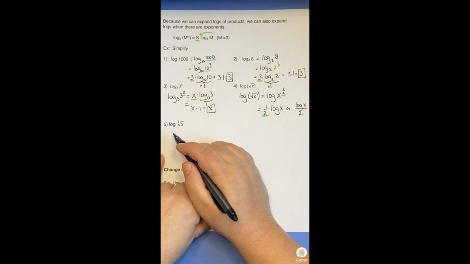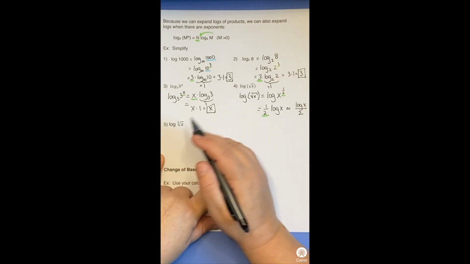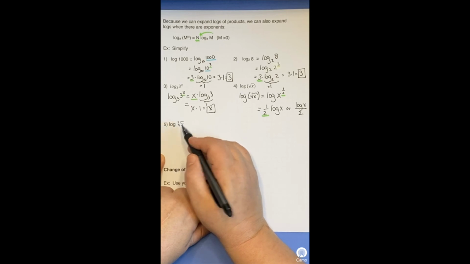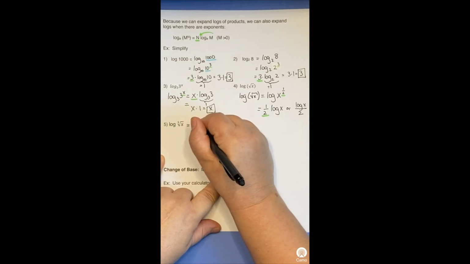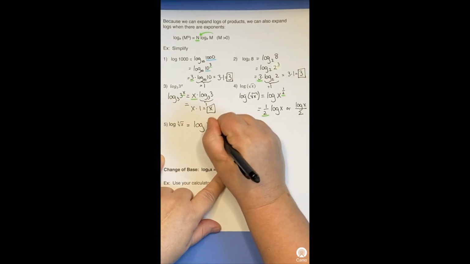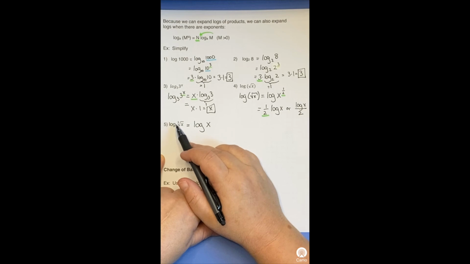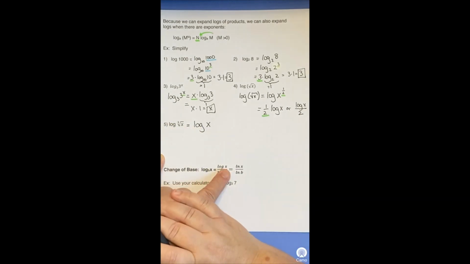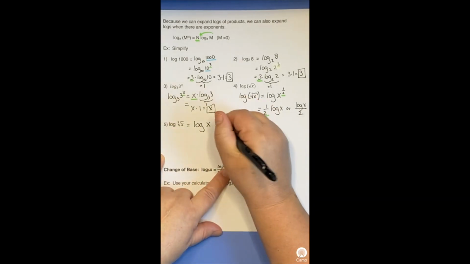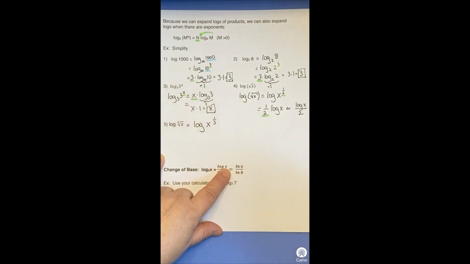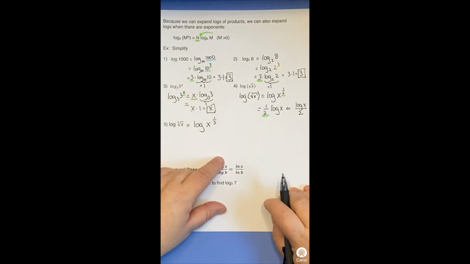Number 5, log of the cube root of x. So tell me, cube root of x is what exponent? You're right, it's 1/3. So now what do we do?